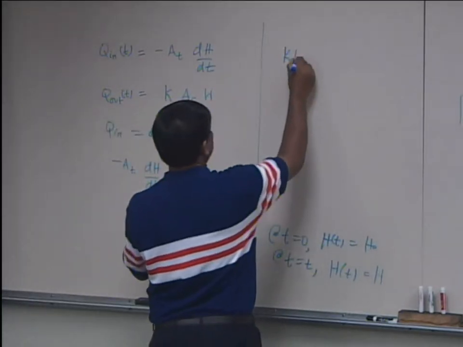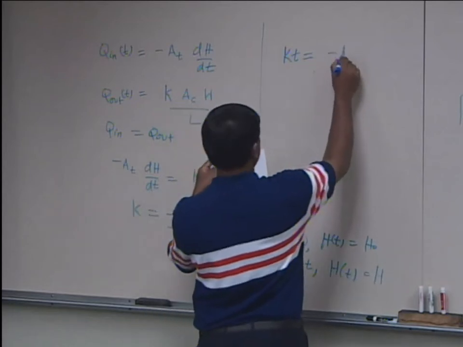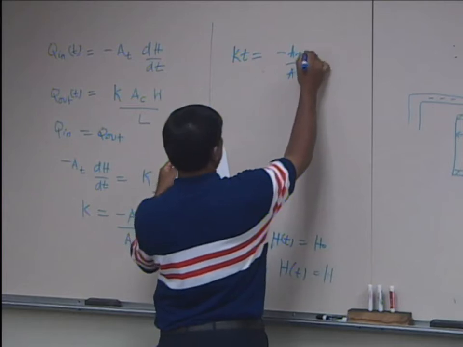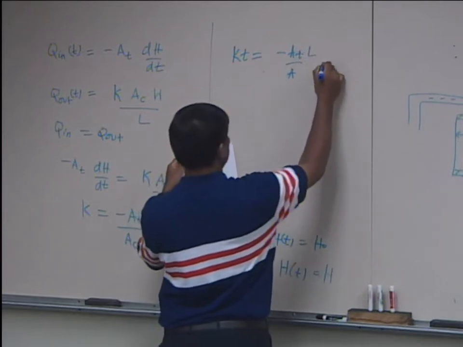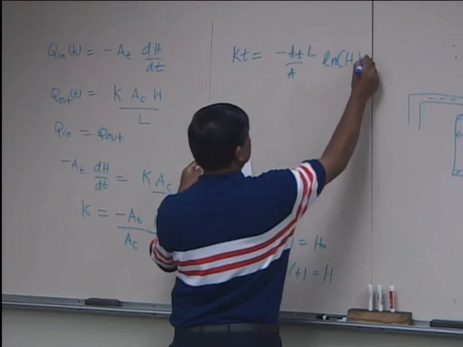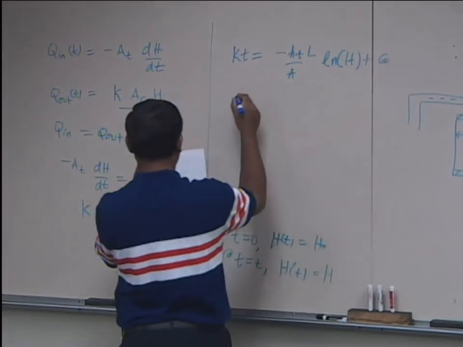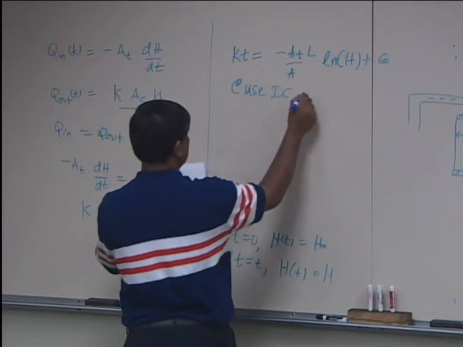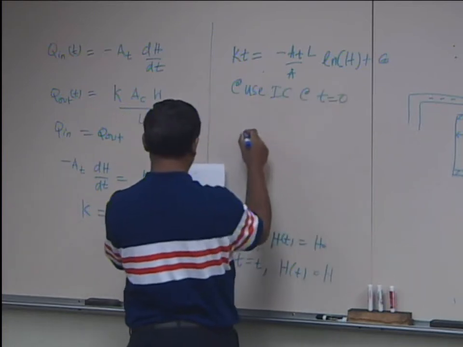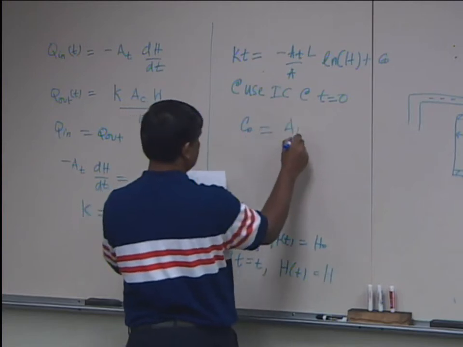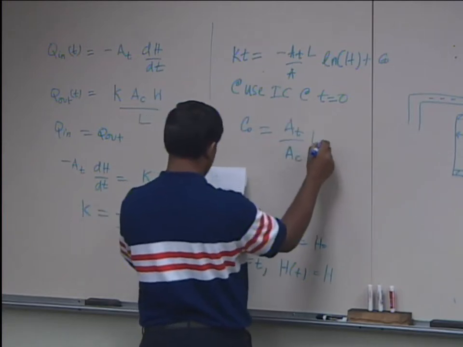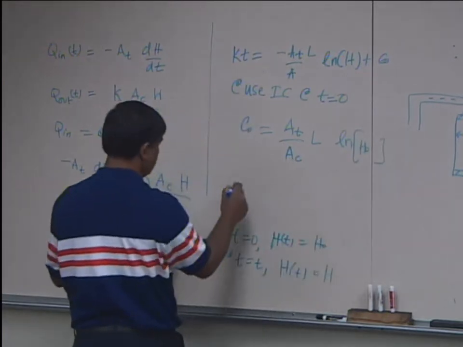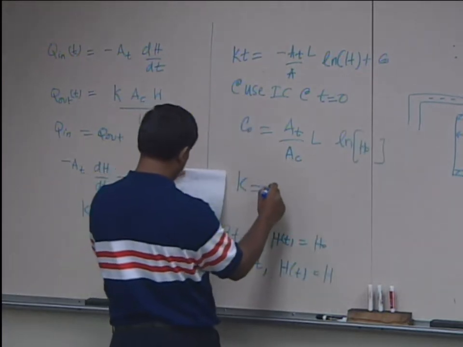I should get K t equal to minus A tube L over A cross section, times log of H, plus C naught. Use the initial condition at t equal to 0: C naught is equal to A tube L over A cross section times log of H naught. Substituting this, you should get the result.